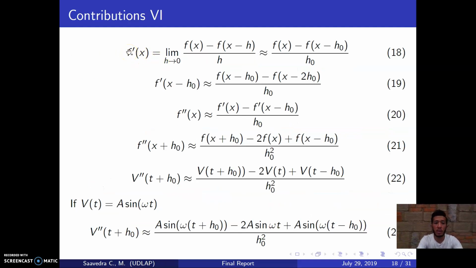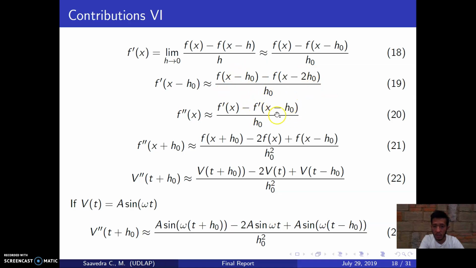So this fundamental calculus says that the derivative of a function is where it tends to 0, and this formula that we all know can be expressed like this. And if we want to take the second derivative, we have to make something like this, and we can replace this equation here, and this equation here.